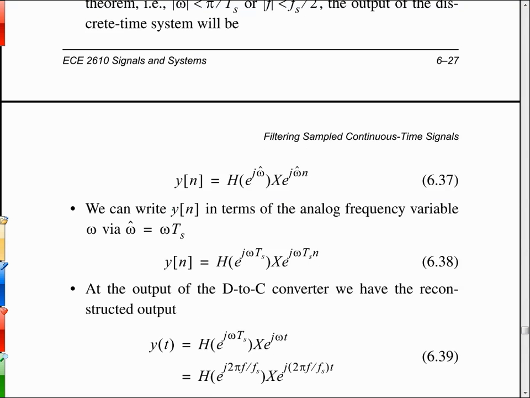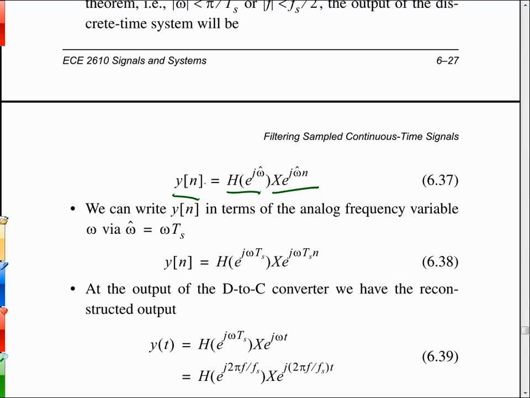So what this relationship is saying is that the sequence goes in as a complex sinusoid, and then it picks up the magnitude and phase shift applied by the filter at that frequency, and we know then that that's the output y[n].